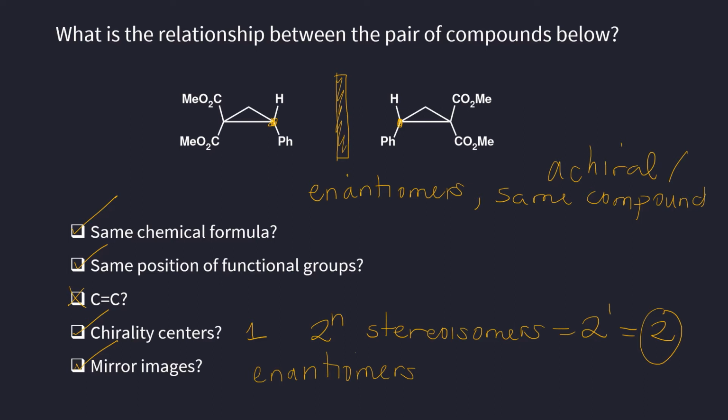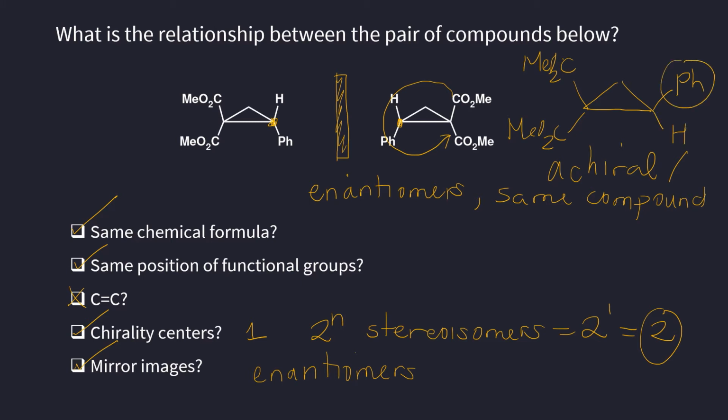You can verify this by flipping over this molecule 180 degrees so that we can try to match where the CO2Me groups are compared to the left one. So if we draw the compound flipped over, we would have the two CO2Me groups on this side, and the phenyl group will be pointing upwards and the hydrogen will be pointing downwards.